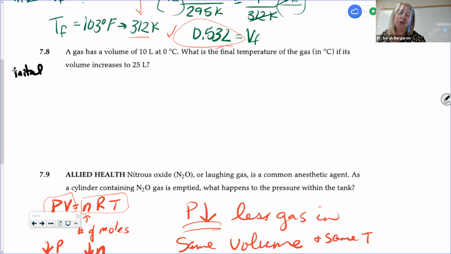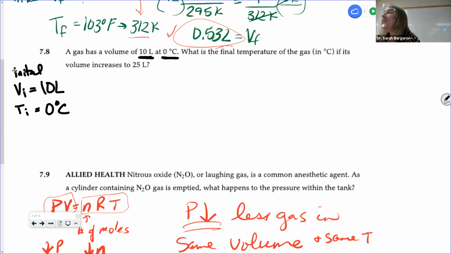I know volume, right? What's my volume initial? 10 liters. T initial is 0 degrees Celsius.